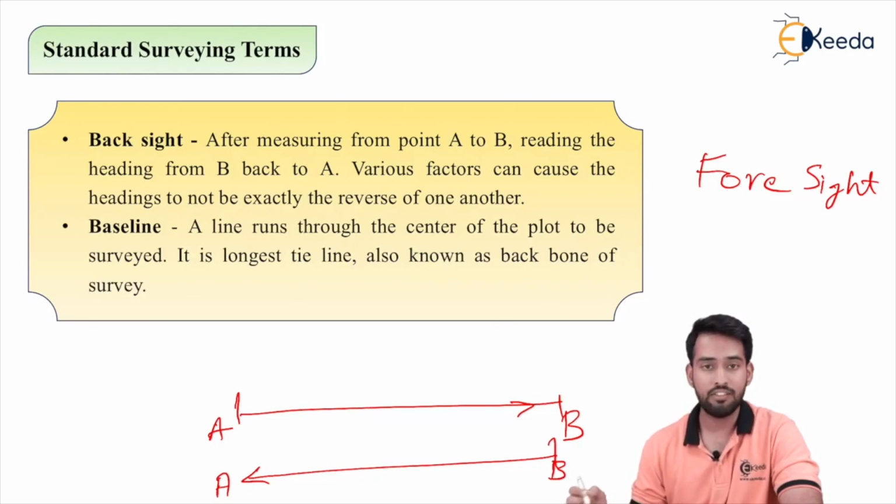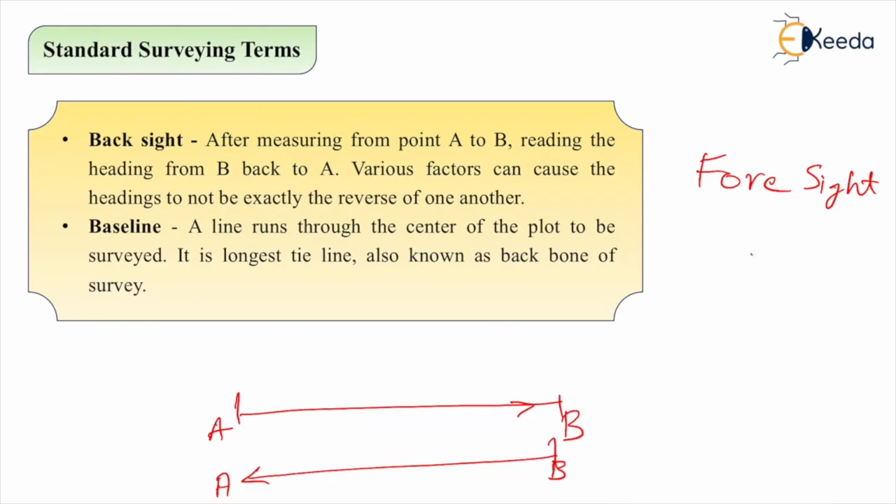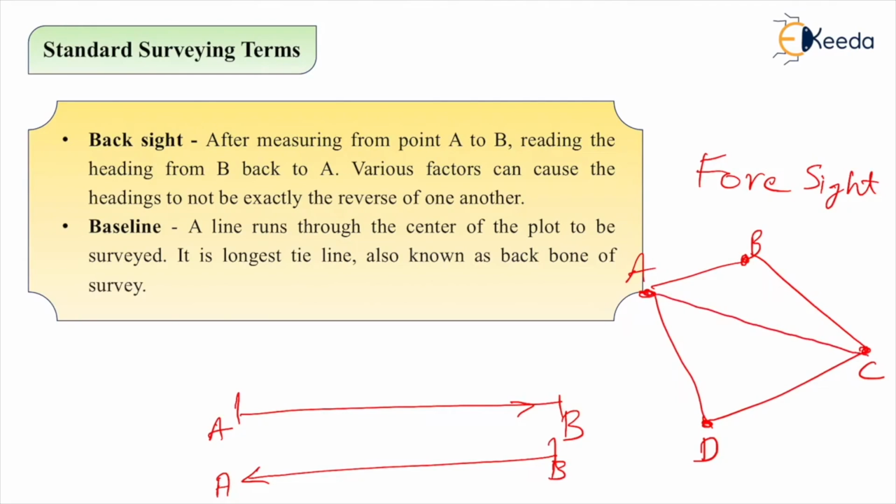The next term is baseline. Whenever we are starting with the survey, we establish main survey stations, for example, points A, B, C, and D. The main line which runs across your survey field is known as the baseline, from which we'll be taking measurements of any required stations, substations, or any required point.